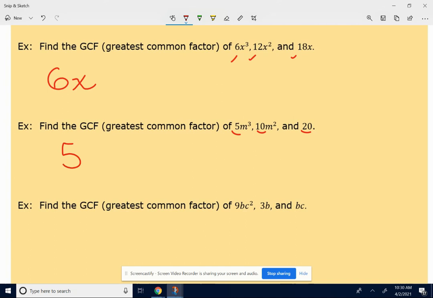Now look for any common variables. It has to be in all of them. M is in the first one, M is in the second one, M is not in the third one. So we don't want to do anything with that M. The greatest common factor is simply 5.